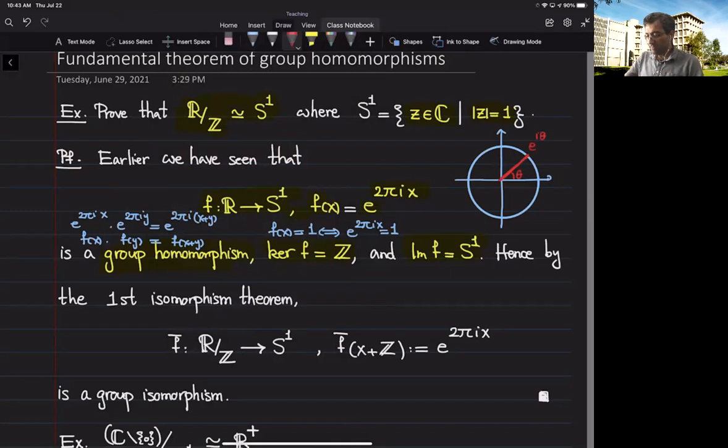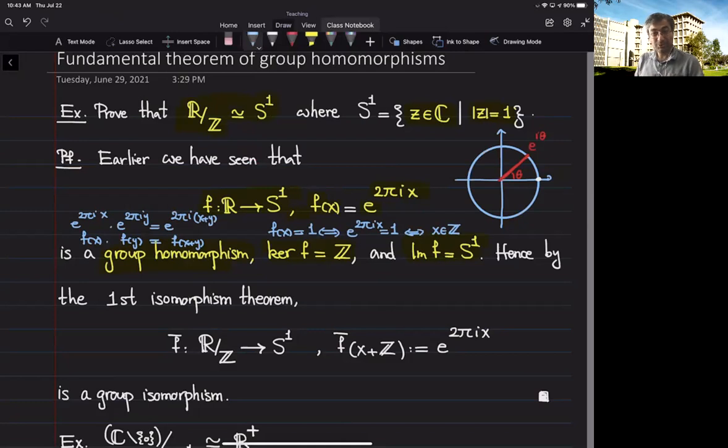So in particular, if I want to land at 1, this theta needs to be an integer multiple of 2 pi. That means e to the power 2 pi i x is 1 if and only if x is an integer, because we want to make sure that 2 pi x is an integer multiple of 2 pi.